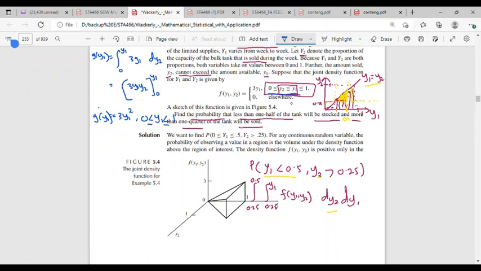Okay. So the second one, let's say we want to get the marginal for y2. So we need to integrate the same function, the joint PDF from before, with respect to y1. So we take the interval for y1 here from y2 to 1. So it will be 3y1 square divided by 2, sorry. Here. Okay, y2 to 1.